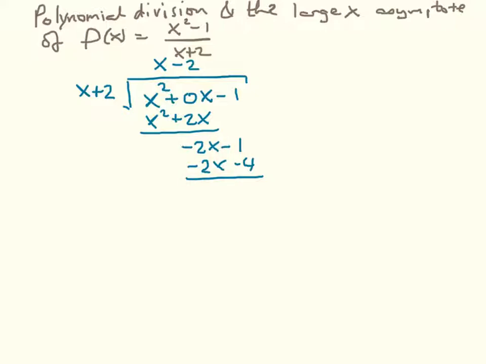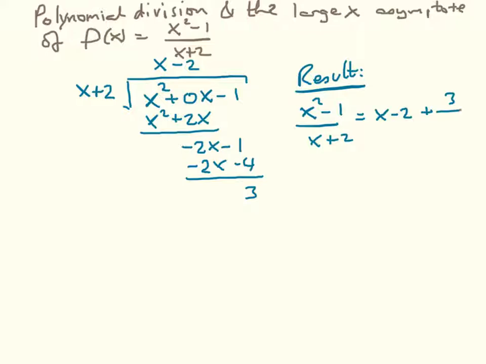We have minus 1 minus minus 4, so that's minus 1 plus 4, so that's going to give us 3. So what we see, our result, is that x squared minus 1 over x plus 2 can be written as x minus 2, that's our polynomial, plus 3 over x plus 2.